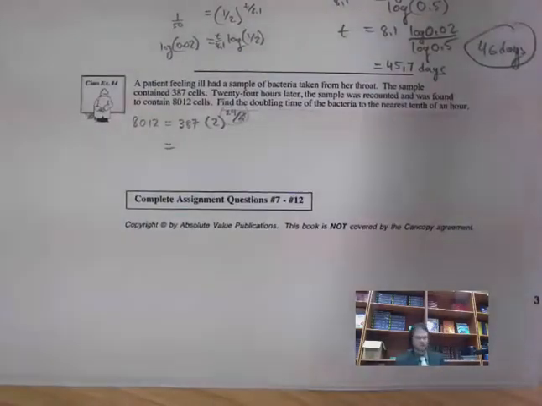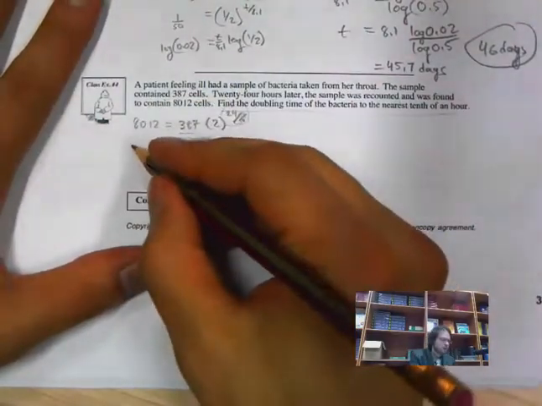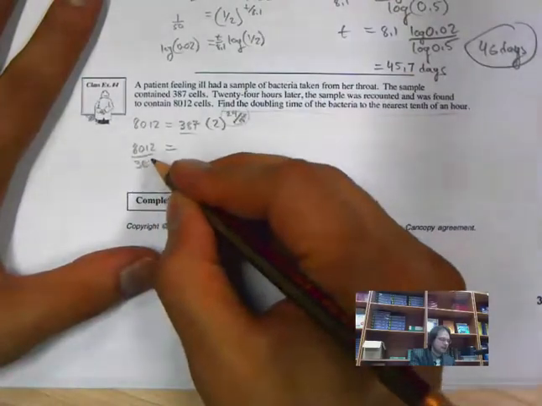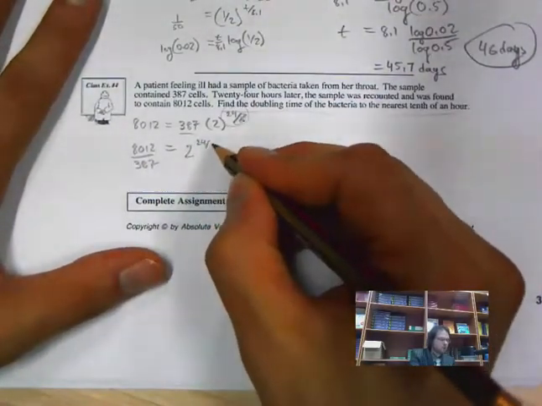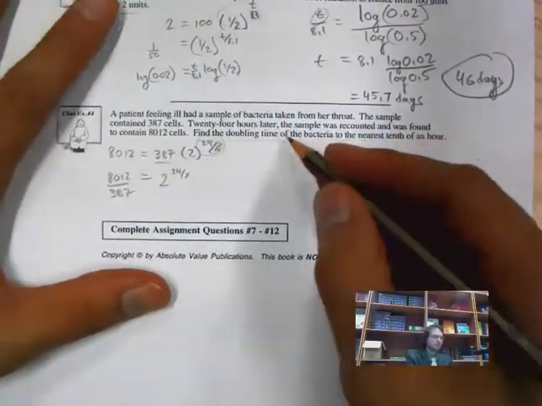So how do we solve this? First, let's simplify this. I'm going to divide both sides by 387 and isolate my exponent. So I have 8,012 divided by 387 is equal to 2 to the power of 24 all over x. Okay? Now I continue this over here.